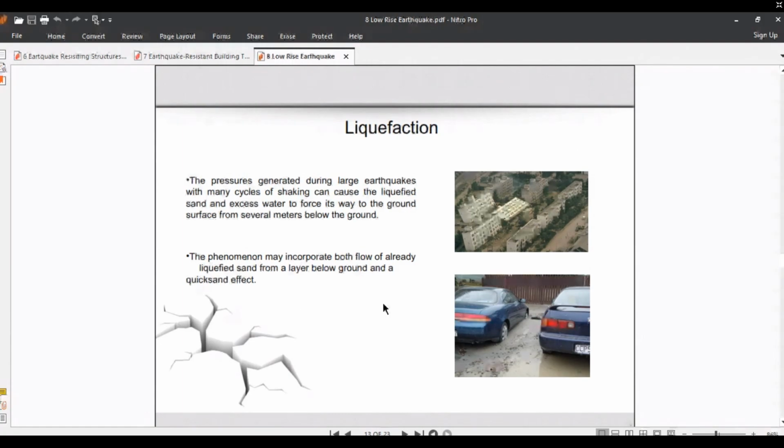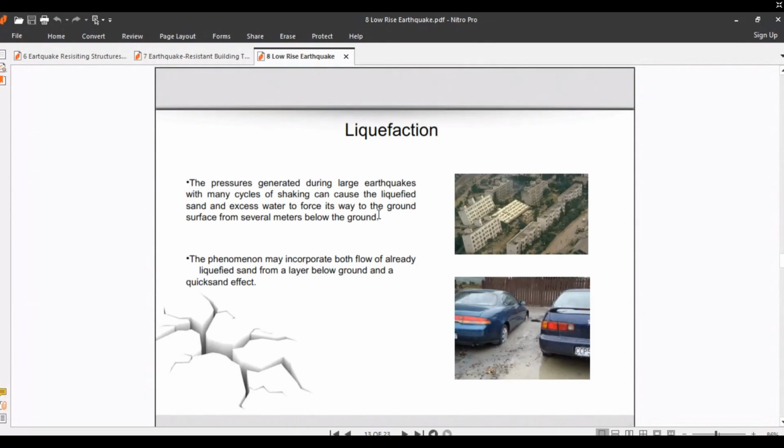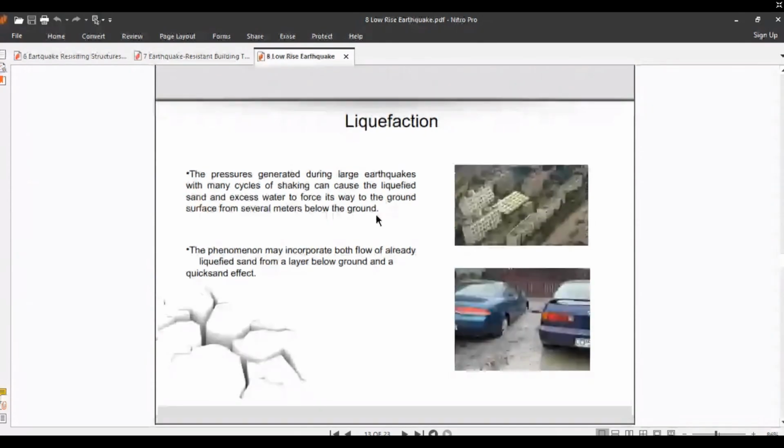We have two major problems in foundations in many cases after an earthquake. One is differential settlement in foundations. The second one is liquefaction occurring in the foundations. And we need to solve these problems before the earthquake forces occur.